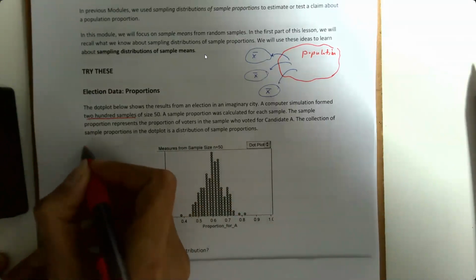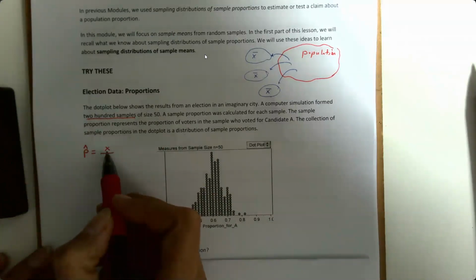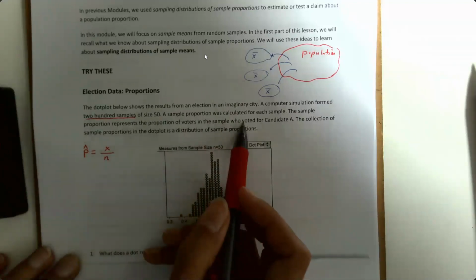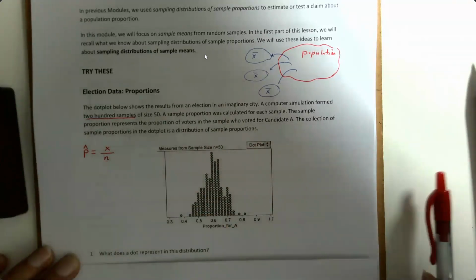Remember, p hat is equal to x divided by n. X is the number of successes, or in this case, the number of voters who voted for candidate A, divided by 50.